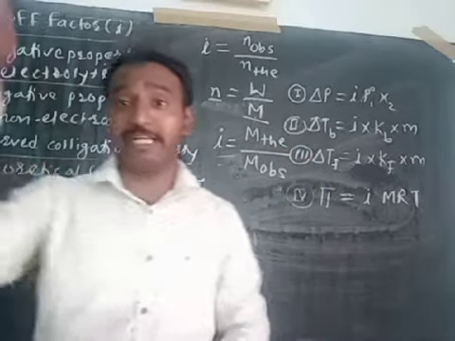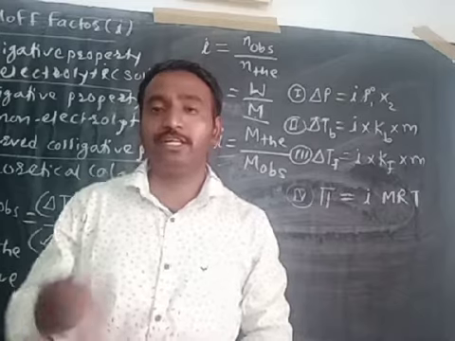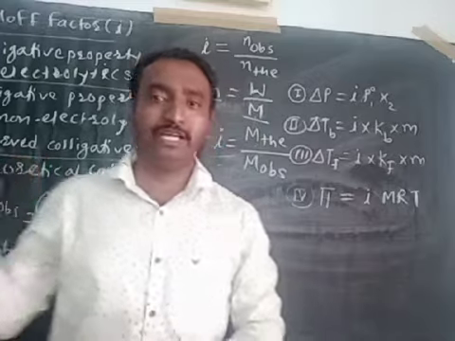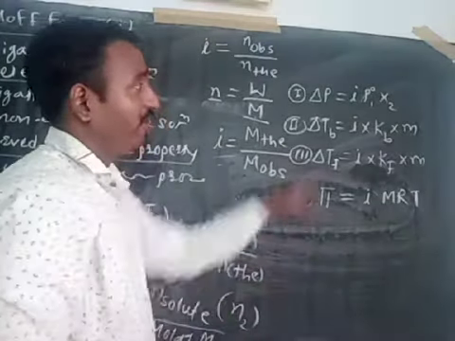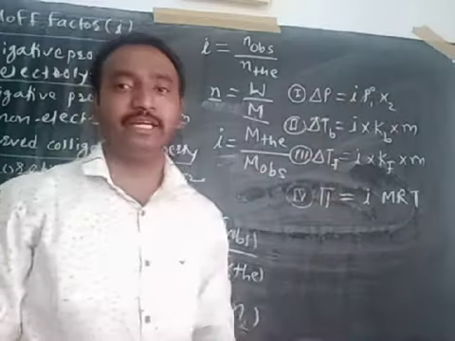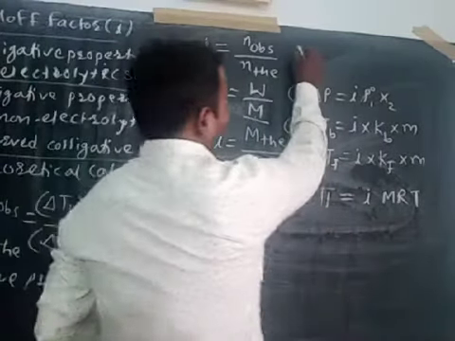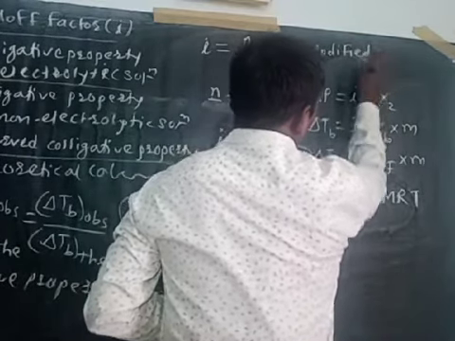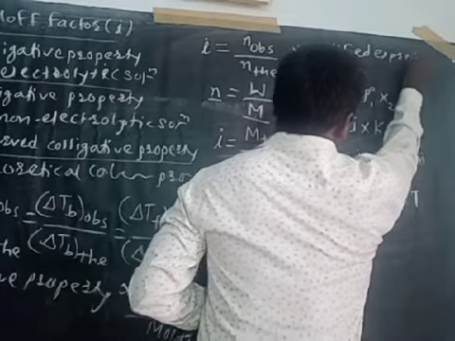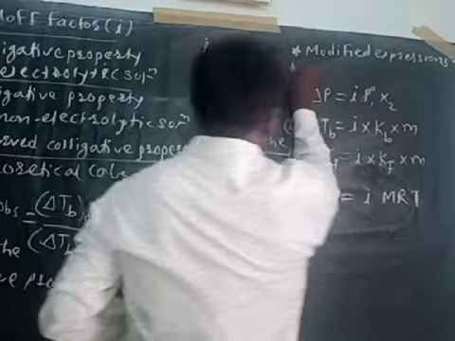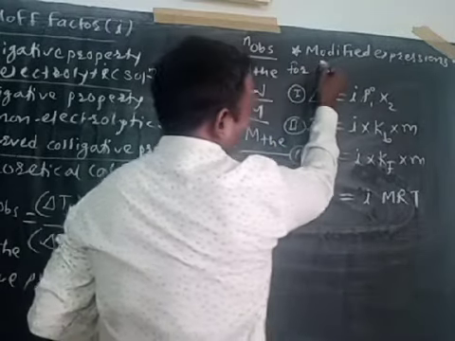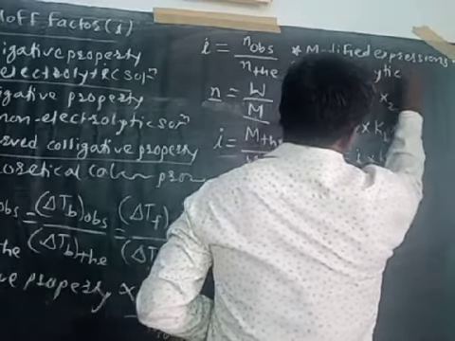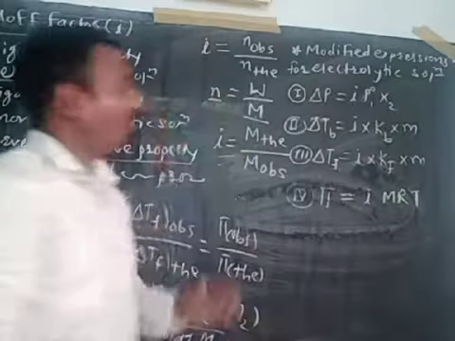That's why in the starting part, when we studied colligative properties, they were in terms of non-electrolytic solutions, and here are the modified expressions for the colligative properties of electrolytic solutions according to the Van't Hoff factor.